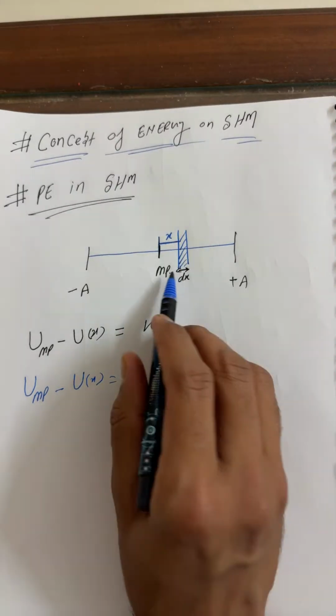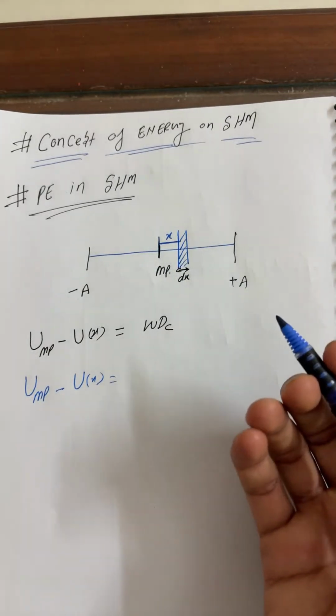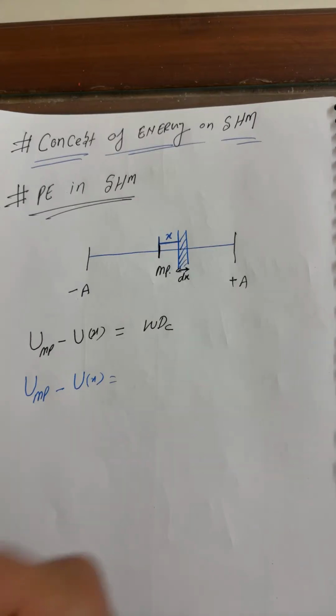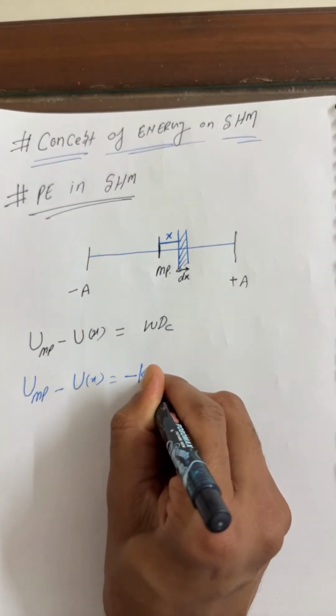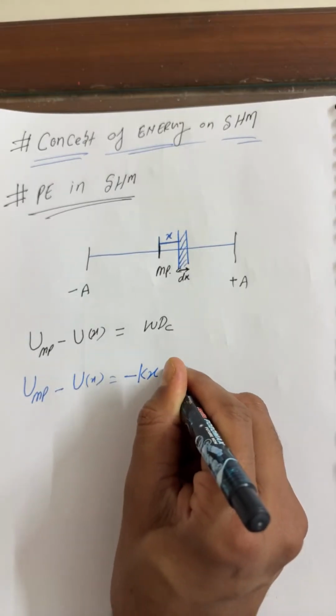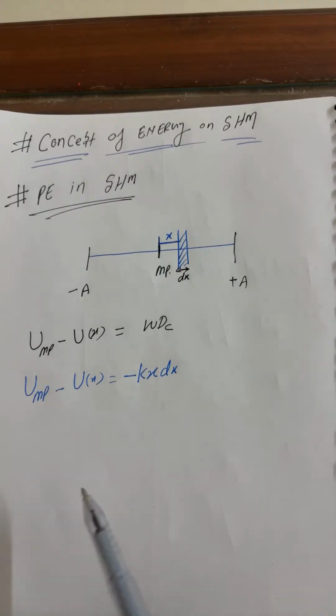And what's the force over here? In SHM, we always take the equation of SHM, the oscillatory equation, F equals minus kx, my dear. So I write kx into dx, force into displacement.